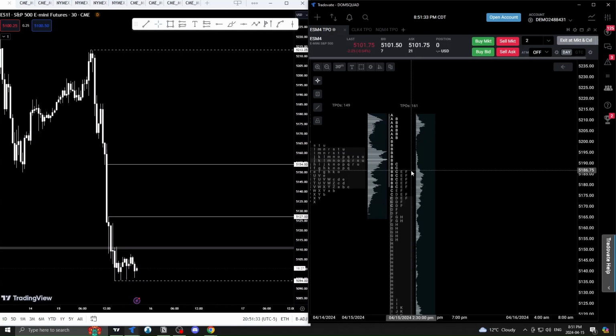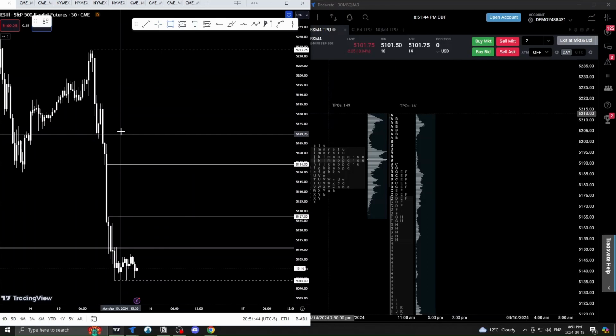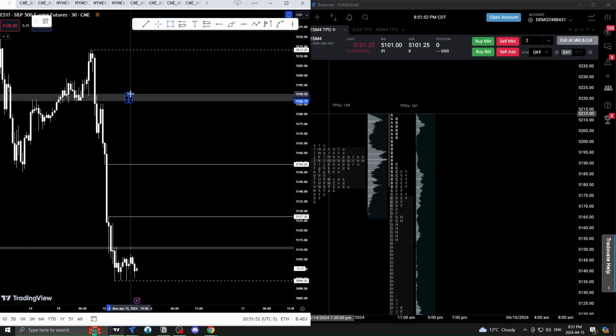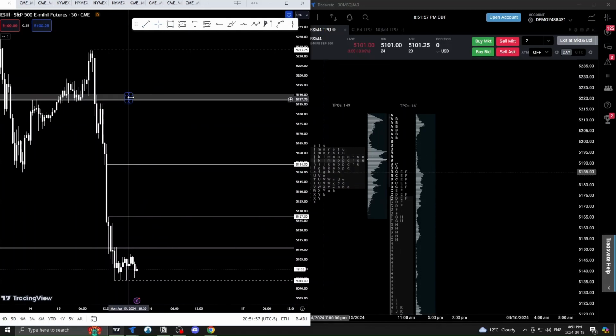So from the high at 86 3/4 all the way to 90, perfect. So this could be a potential bear level.